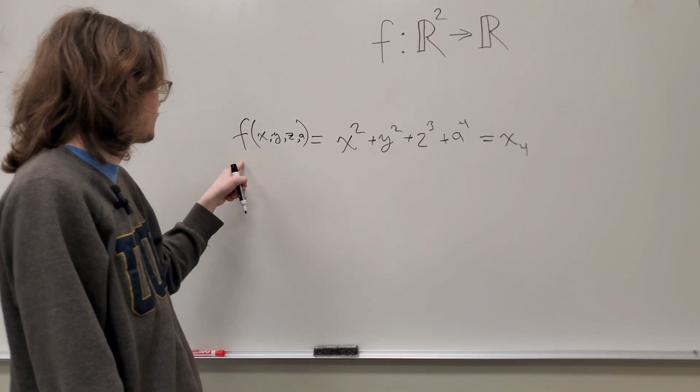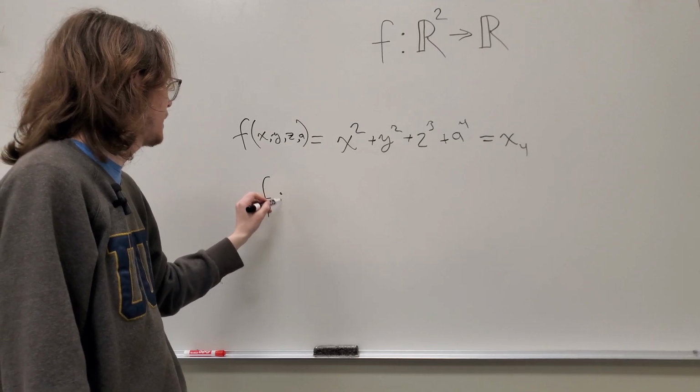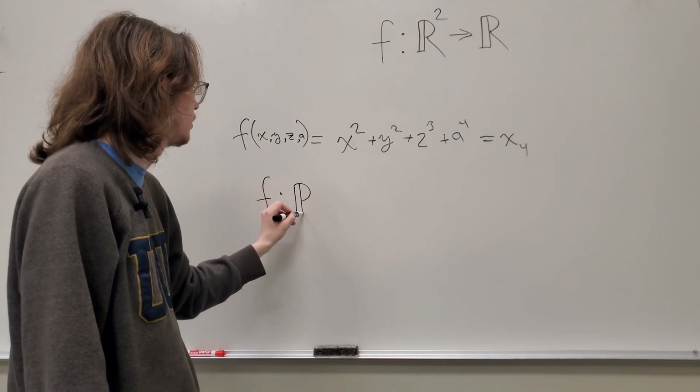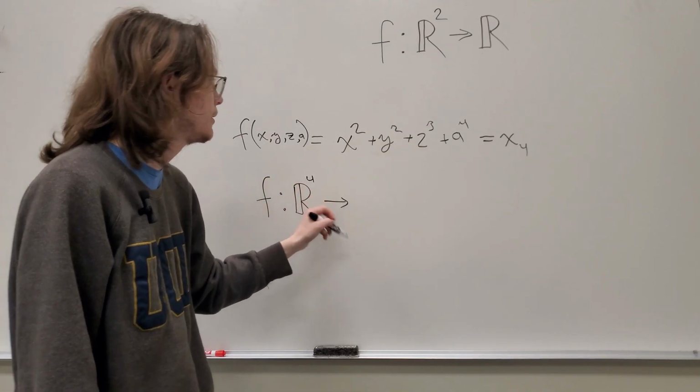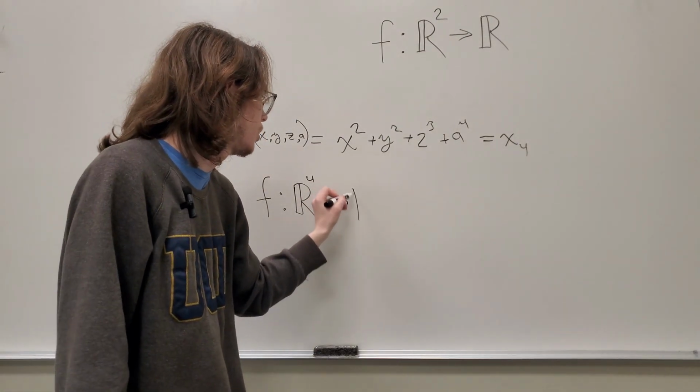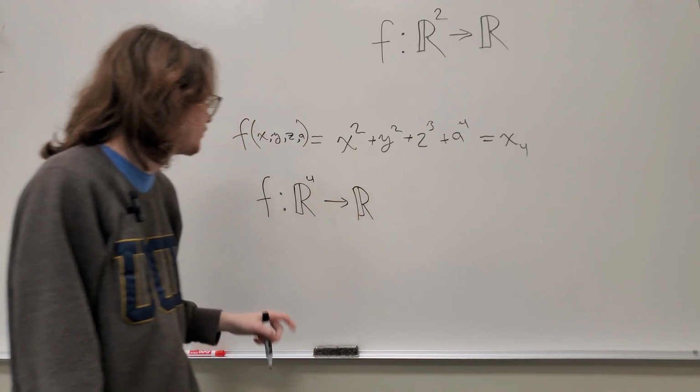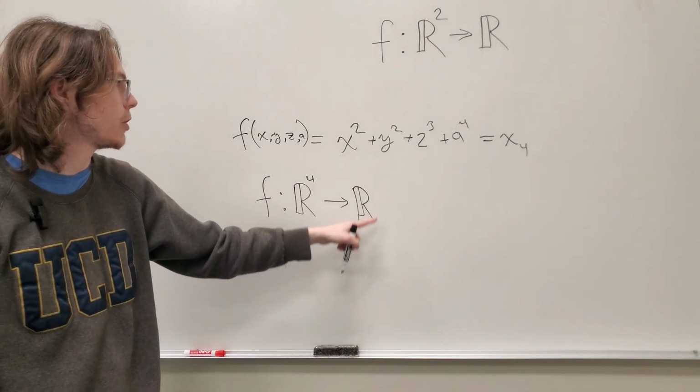Then what this tells us is that our function f is mapping from 4, because we've got 4 variables, and it gives us a single variable output, so R, right? So this function f maps from R4 to R.